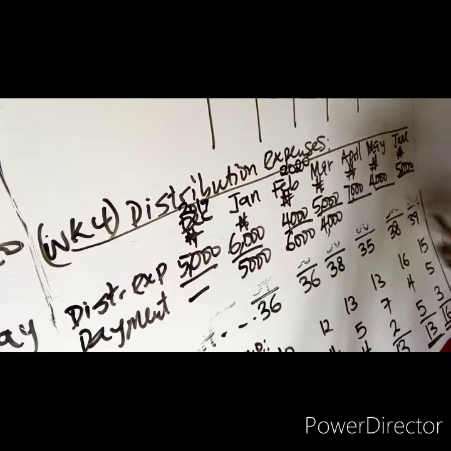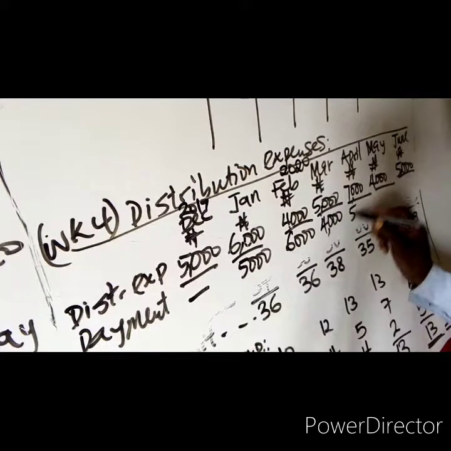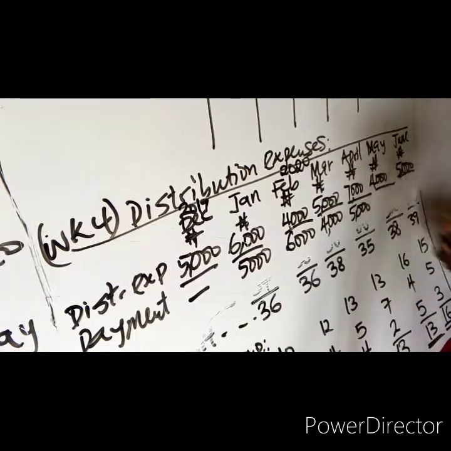The one for March will be paid in April, which is 5,000. The one for April will be paid in May, which is 7,000. The one for May will be paid in June, which is 4,000. The one for June, which is 5,000, will be paid in July, which is outside our budget period.